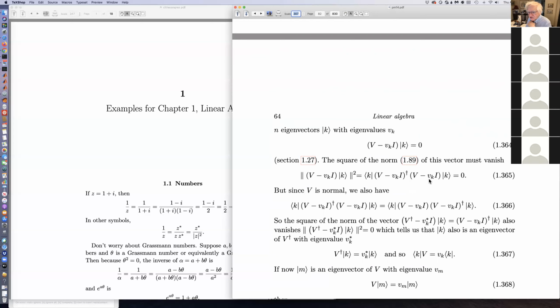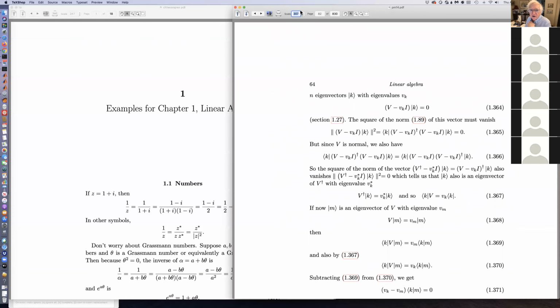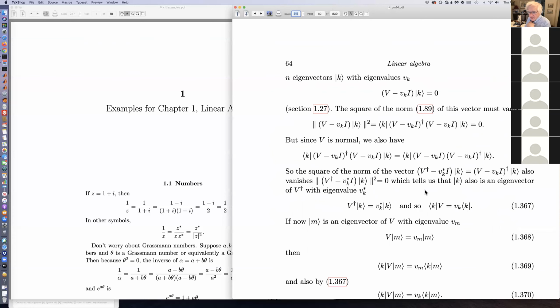We can commute these two terms because they commute. And so we have that this product also vanishes. And that tells us then that this vector here vanishes.